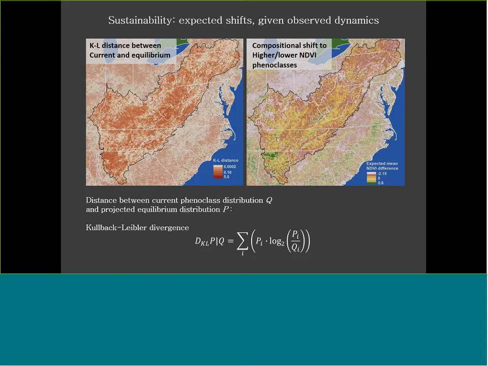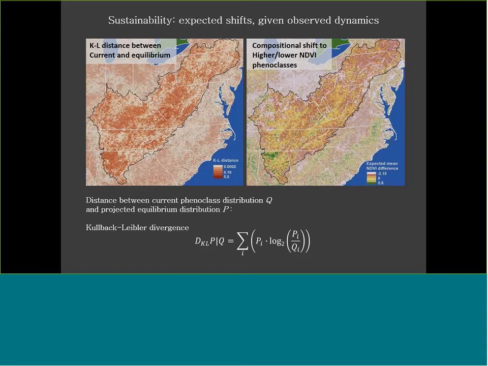So some places show long-term shifts, and other places, even though there is dynamic land use and land cover change going on, over the long haul, those small-scale local changes don't add up to long-term change. It's a dynamic equilibrium.